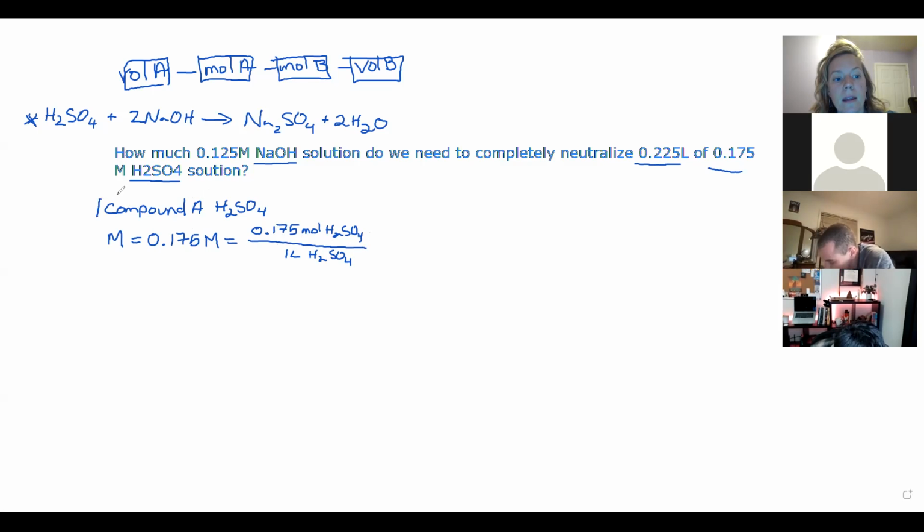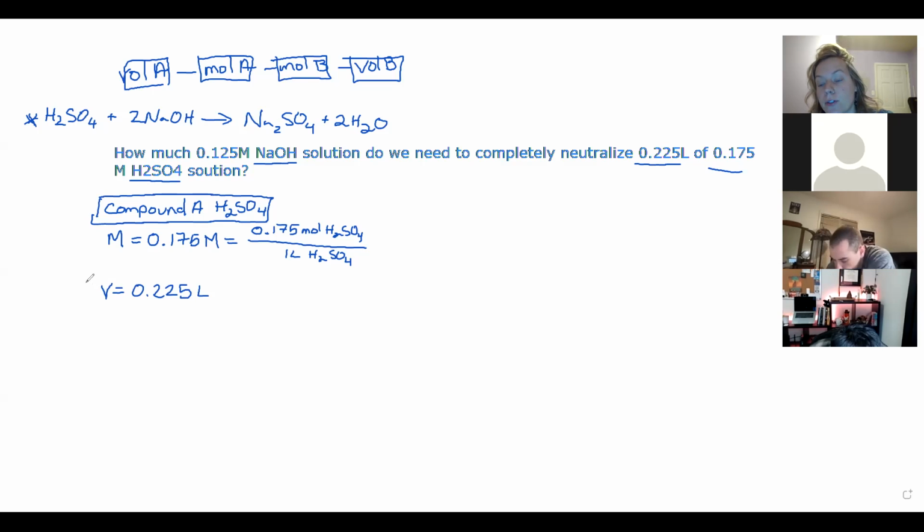What's the other thing that we know about compound A? We know its volume. The volume here is 0.225 liters. Always make sure your volume is in liters. If they give it to you in milliliters, or cubic inches or whatever, convert to liters right off the bat, so it's in the unit we like.